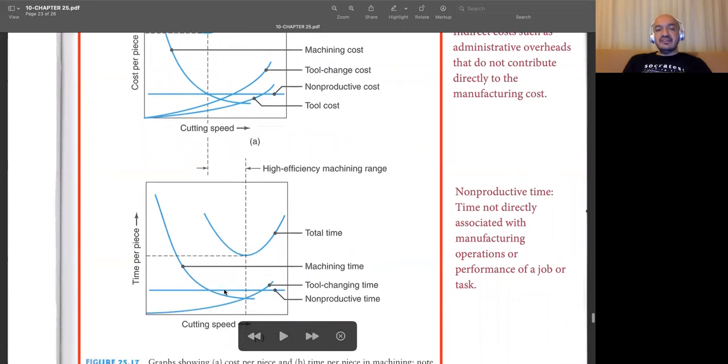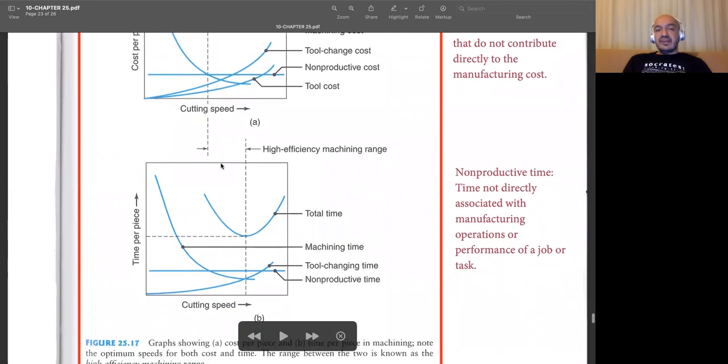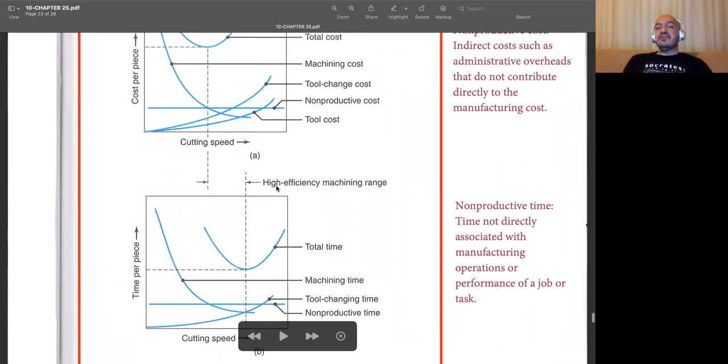So what do we have? We have a kind of an optimum cutting speed zone. You should keep your cutting speed between these vertical lines, and this is called the high efficiency machining range. While you are machining these pieces, your cutting speed should always be within this range.